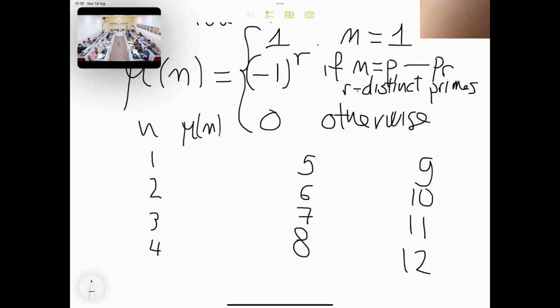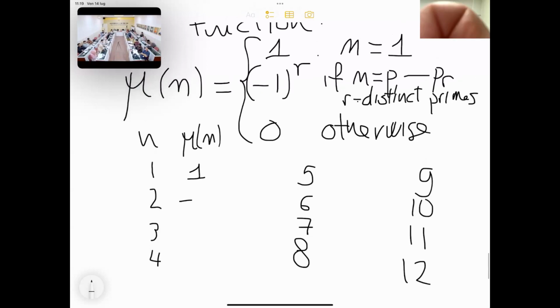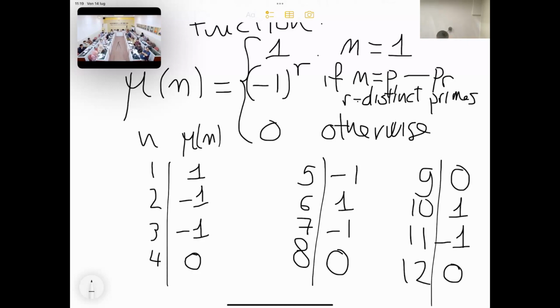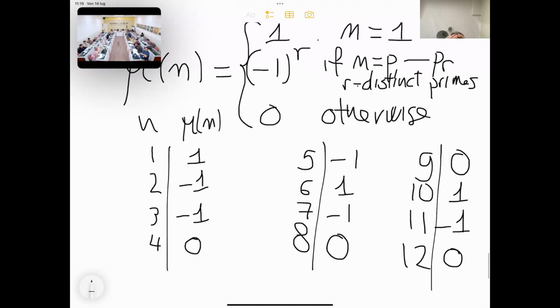So mu of 1, we agreed it's 1. mu of 2, what is mu of 2? -1. mu of 3? -1. mu of 4? 0. So 5, -1. mu of 6, this is the product of 2 primes, so this is 1. Then -1, 0, 0, 0, 1, 1, -1, -1, 0, and 0. So these are the first few values of the mu function.